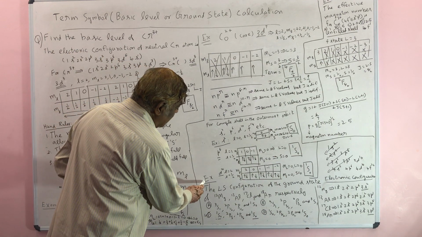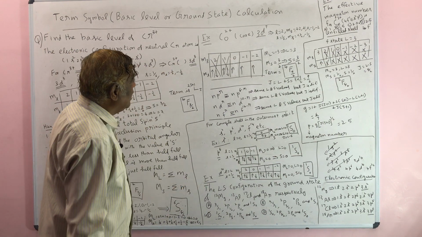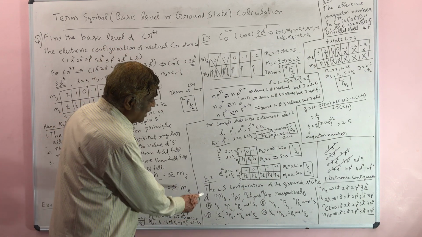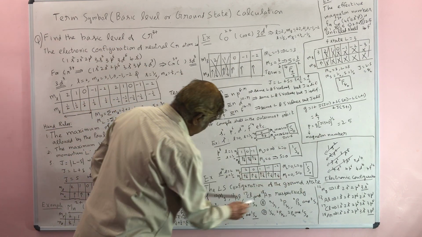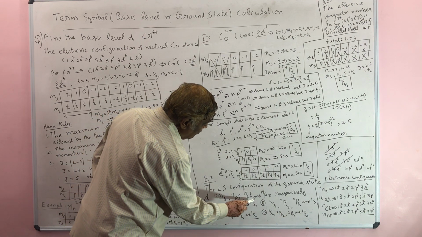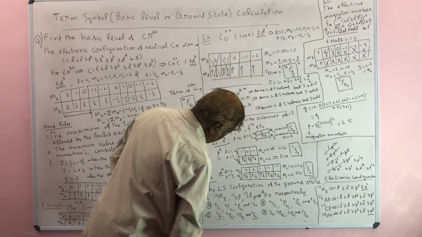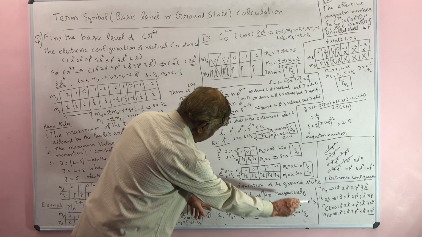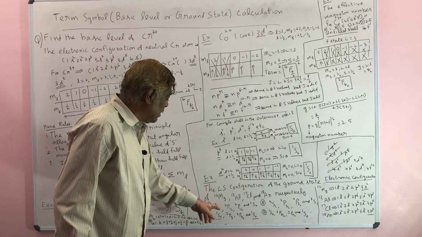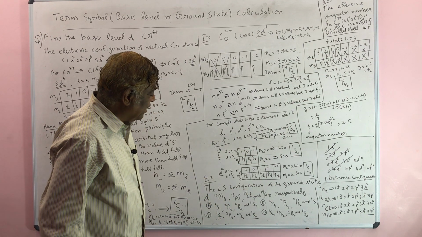Now let us consider a problem. This is a question asked in previous NET examinations. The LS configuration of the ground state of magnesium, aluminum, chlorine, argon, respectively. So the ground states of these atoms are given, and we have to find the answer.